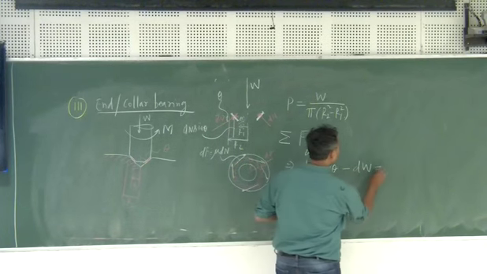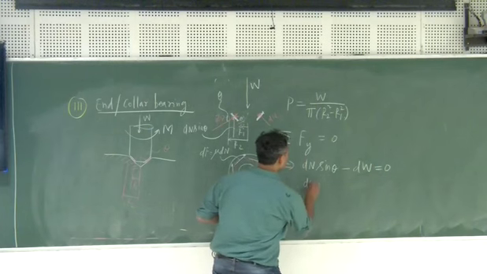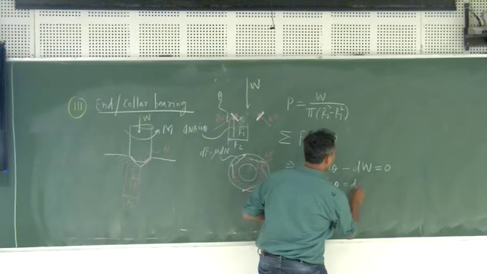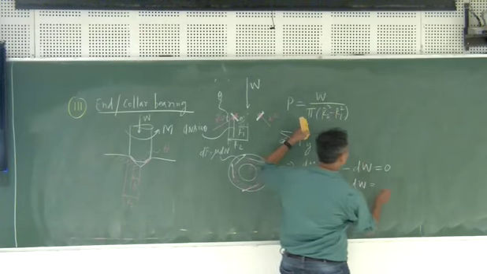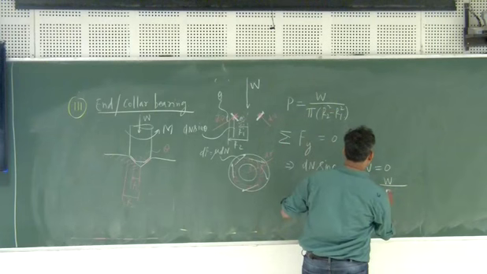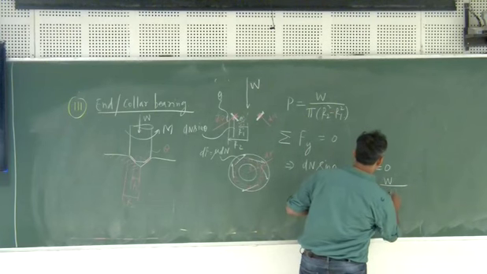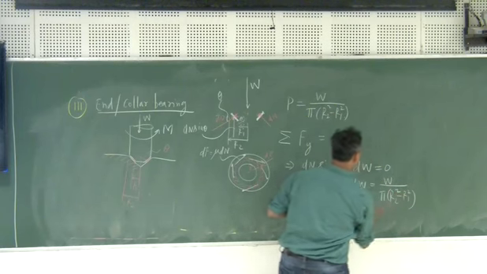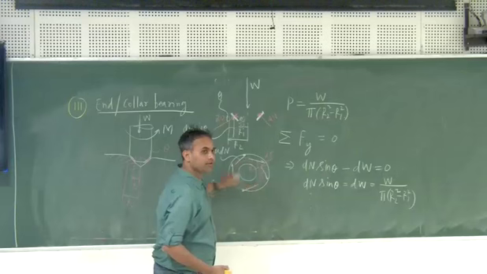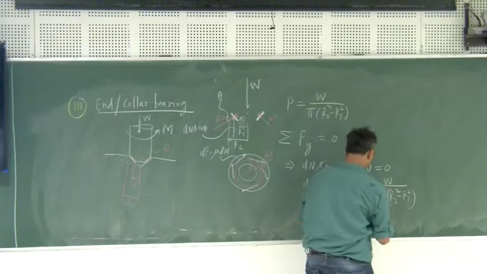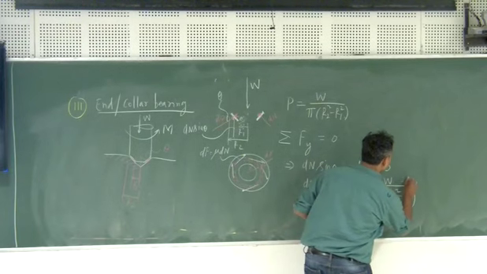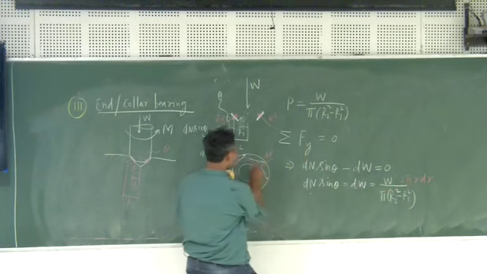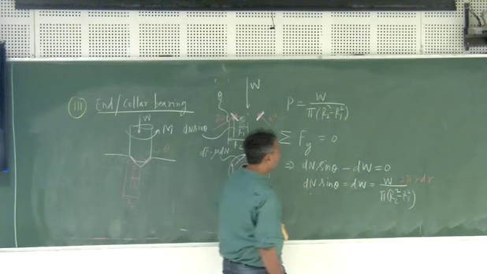That is given by W times pi (r2 square minus r1 square), and the area of this particular thing is 2 pi r into dr, 2 pi r and dr. So this is the total weight taken by this small ring element.